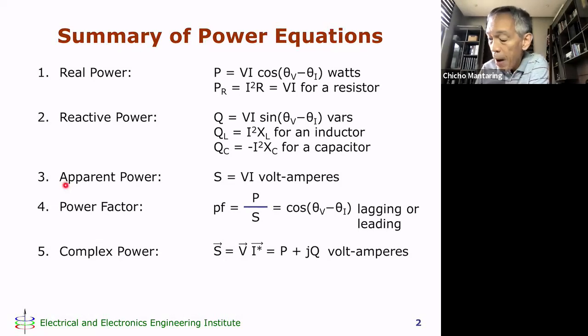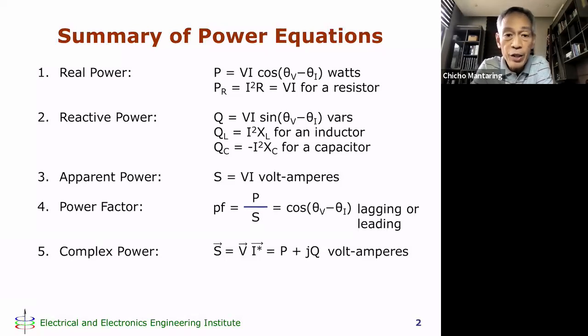And then we took up apparent power, which we gave the symbol S. This is simply the magnitude, the RMS voltage multiplied by the RMS current, and the unit for apparent power is volt amperes. Next, we took up power factor.